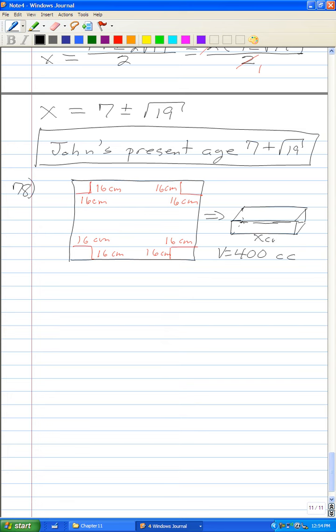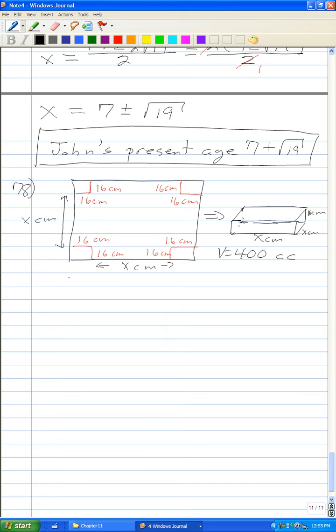So let's call it x centimeters, x centimeters. I already know that this height here is 16 centimeters. Okay, and so that means that this is x centimeters, and that this here is x centimeters.